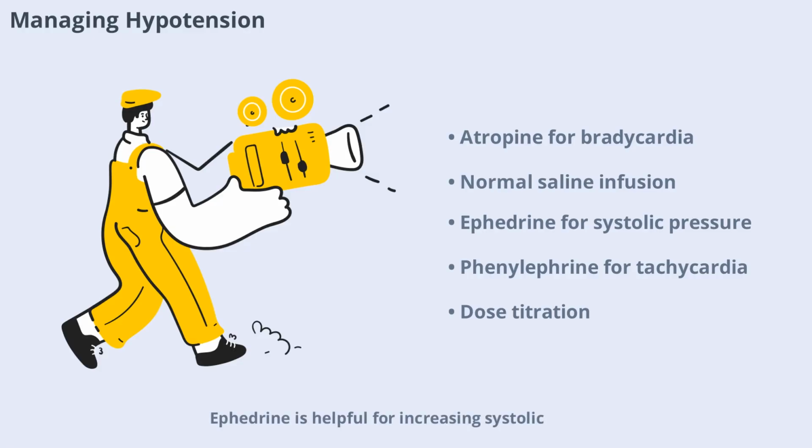Ephedrine is helpful for increasing systolic pressure in patients with normal heart, given as 25 milligrams IM or sublingual injection, repeatable every 5 minutes. Phenylephrine is used when the patient has normal heart rate or tachycardia, administered IV in increments with close titration. These interventions help restore blood pressure and prevent complications.